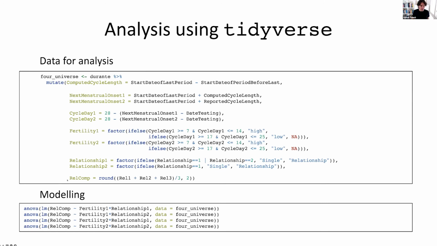And then finally, the dependent variable is just an average of a way that religiosity was measured. And then for the modeling, you would maybe run a linear model and then look at the ANOVA table, which is what they did in the paper. And again, you're just copying and pasting code with different variables.